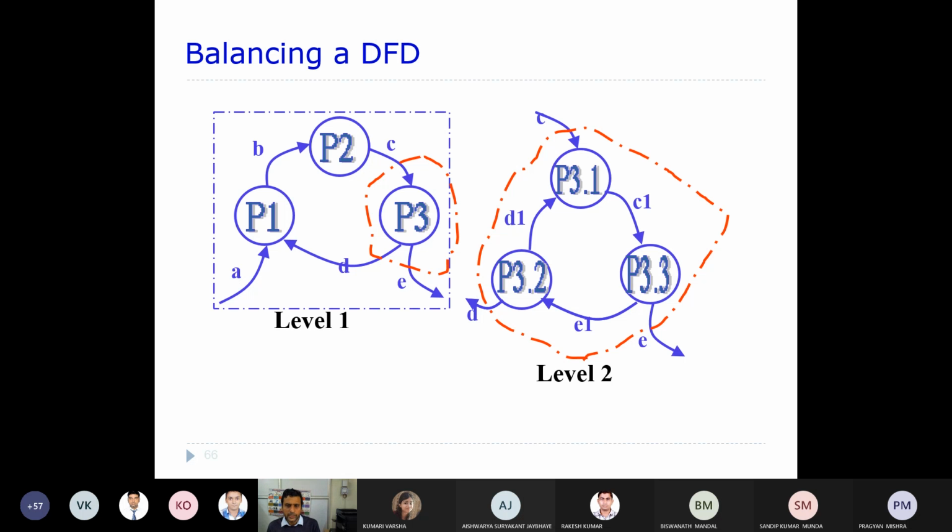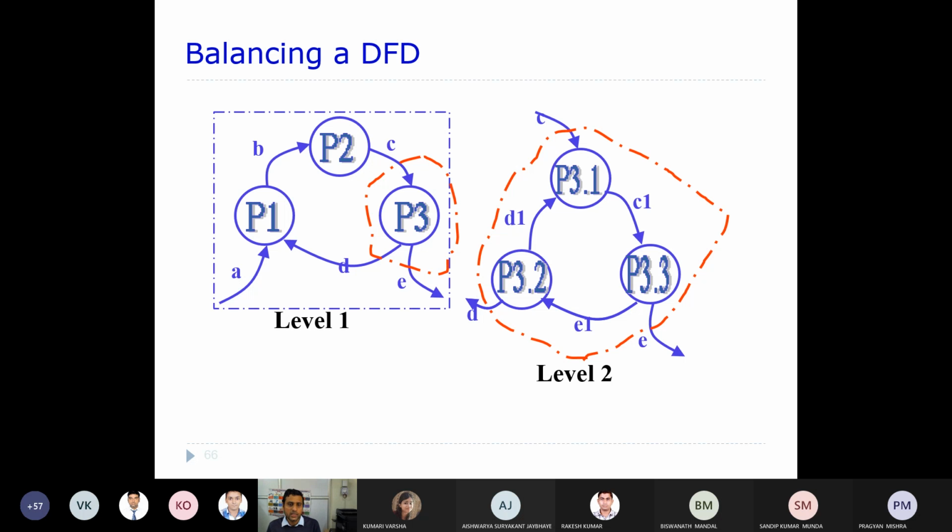But what you need to see here is how many inputs are coming from level 1, and how many outputs are going from this level to other levels. That should be 2 and 1.